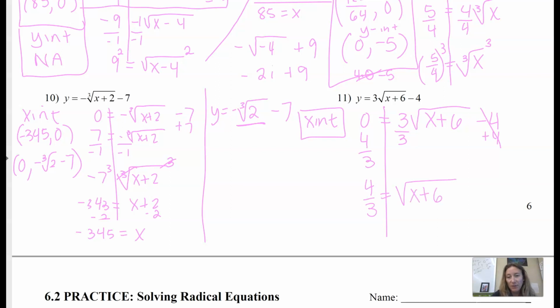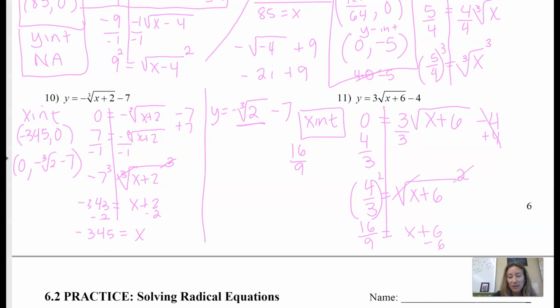To get rid of the square root, I use the square power. Just like before, I'm going to square the top and the bottom, which would give me 16 over 9. 16 over 9 is equal to x plus 6.